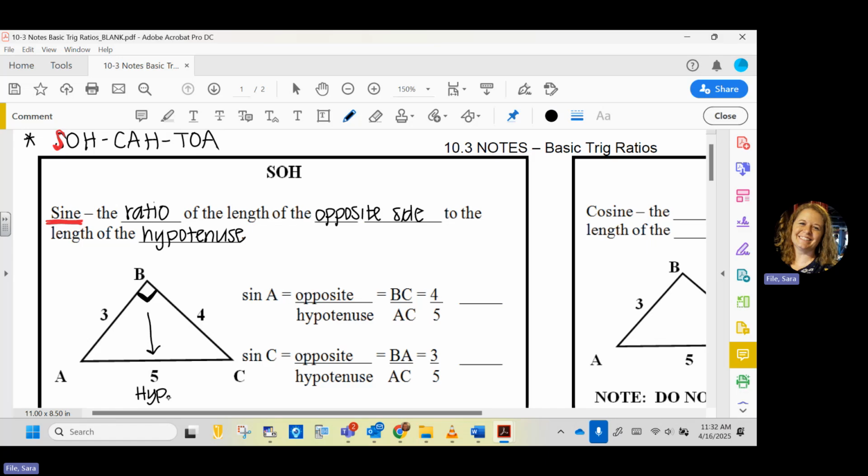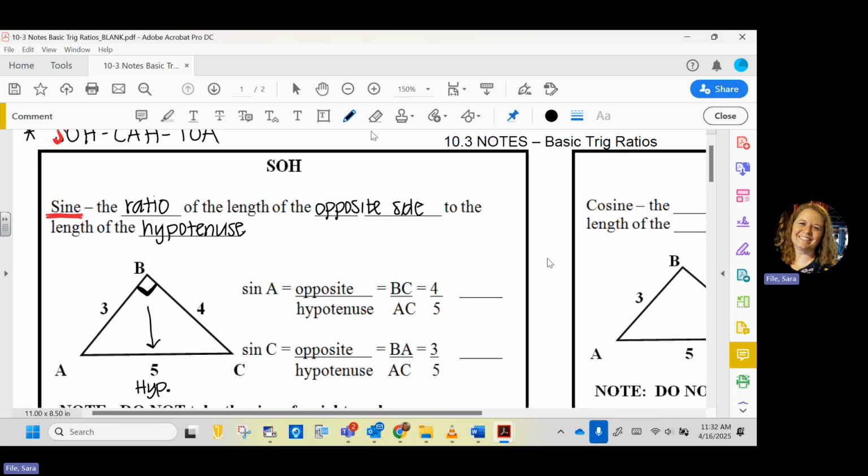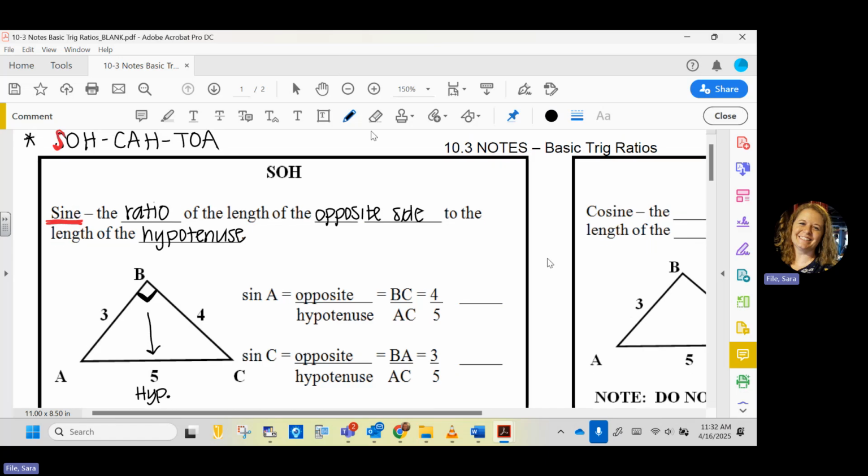Now, depending on what angle you are measuring from, the opposite side is going to change. Okay, this 3 is opposite angle C, isn't it? And the 4 is opposite angle A. So we need to know angle A or angle C as our reference before we know what side is opposite.